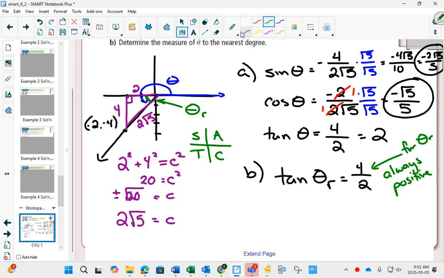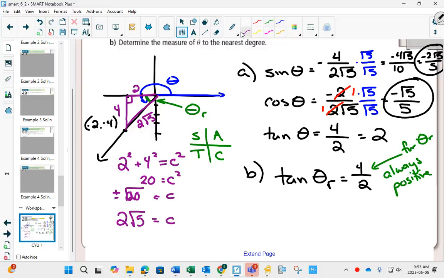And I know that tan was positive in quadrant 3, but this is very important: when you're solving for a reference angle, you're solving for an actual triangle, and an actual triangle has all positive lengths. So no matter what you're doing, even if you did sine or cosine, when you put your reference angle in there, it would always be positive.